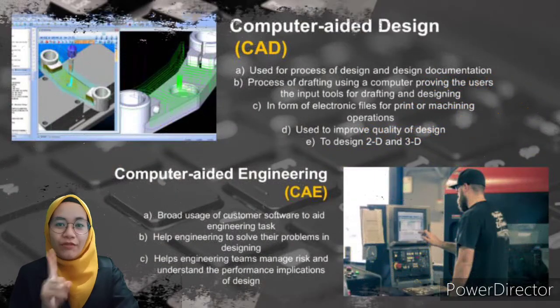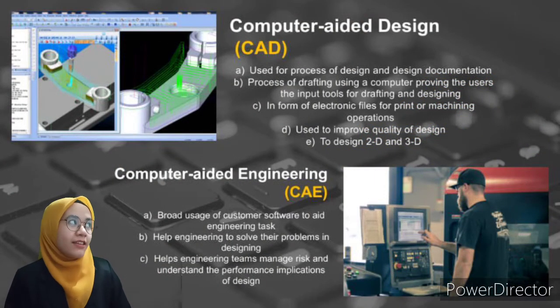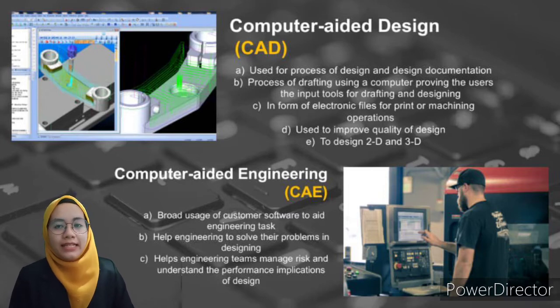For the first one, computer aided design. Computer aided design is used for the process of designing and design documentation. It is a process of drafting using a computer, providing the users the input tools for drafting and designing.